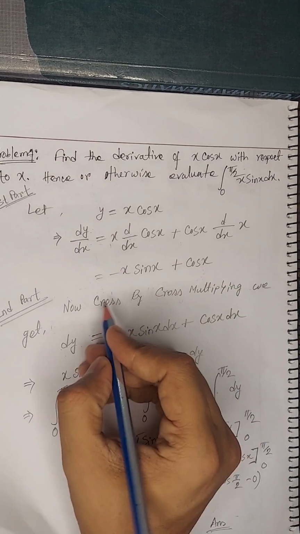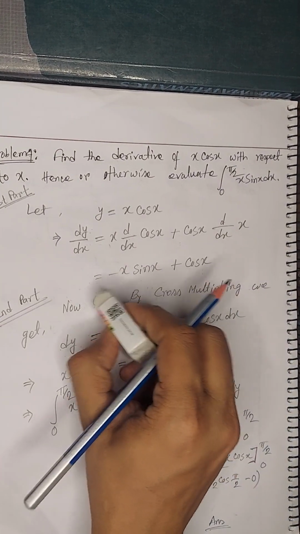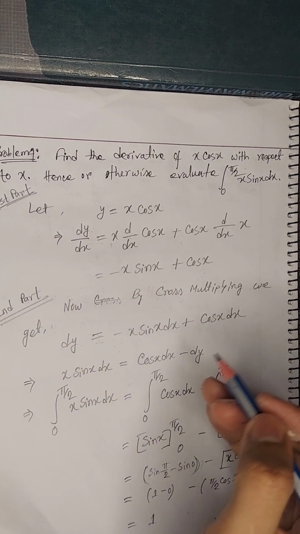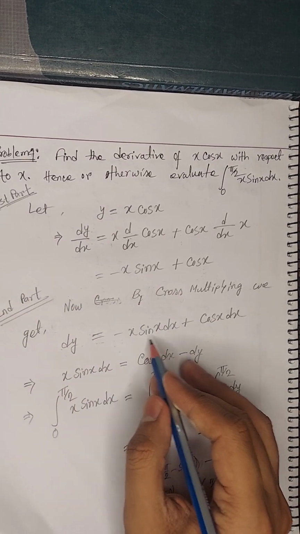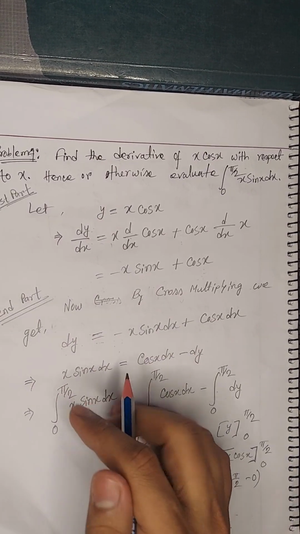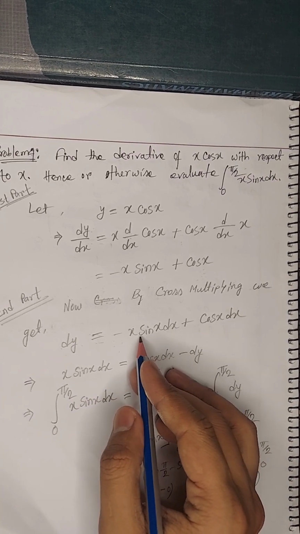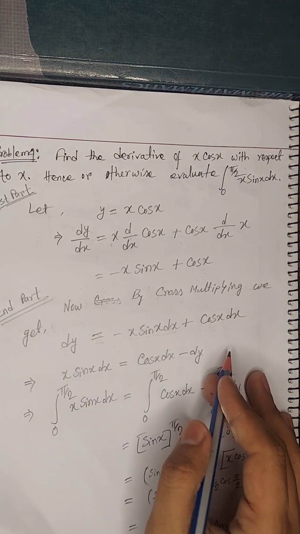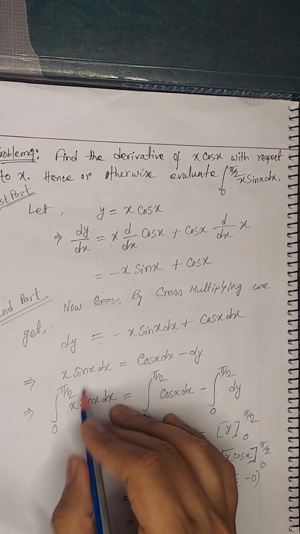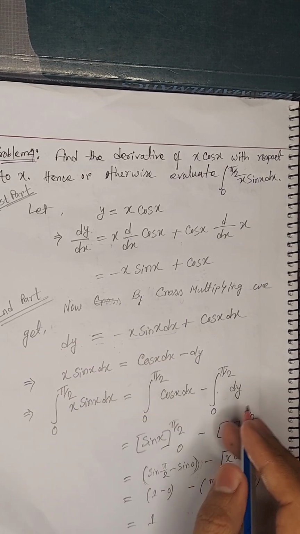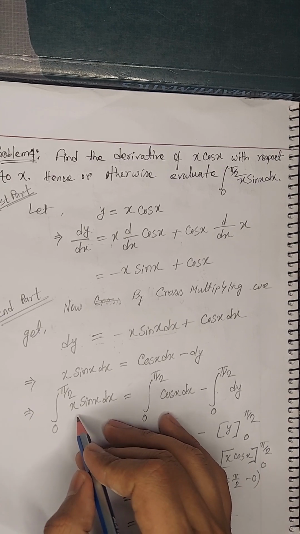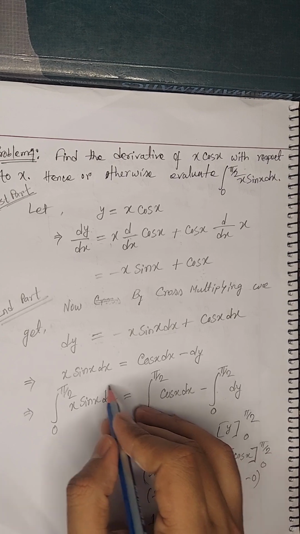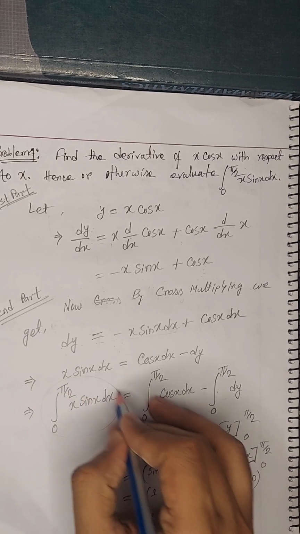Now by cross multiplication, we get dy is equal to (minus x sin x plus cos x) dx, and we bring the x sin x term to the left hand side and this term to the right hand side, and when we apply the integration on both sides, we get the required value of this expression.